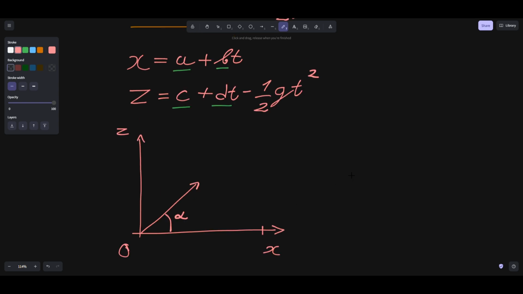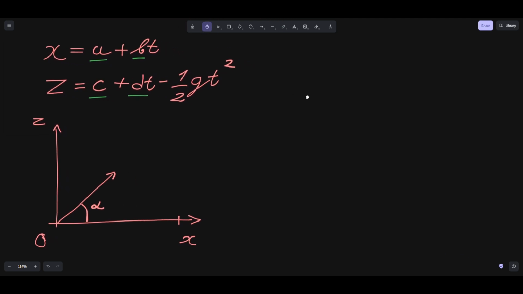So since the launch is from the origin of the coordinate system, x0, which is A, and z0, which is C, will be 0. As a result, we'll have the following case.